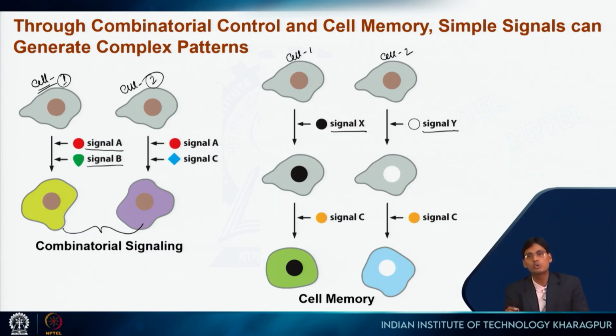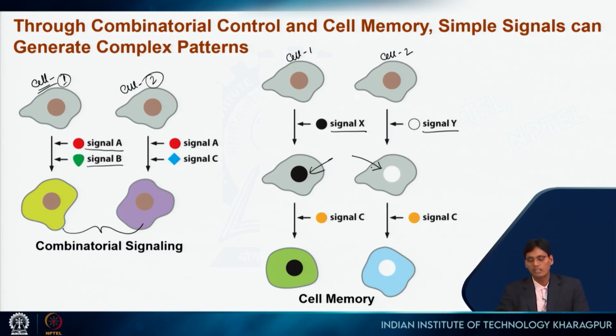Those two cells can remember that they received two different types of signal. That's why I changed the nucleus color here, as you can see. So this is a different signal, and somehow they can remember.